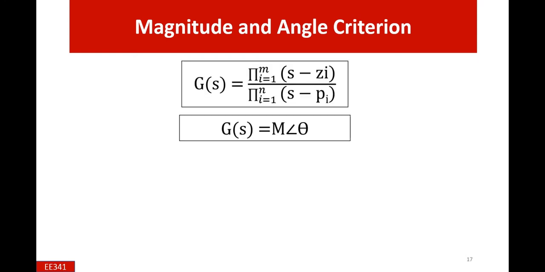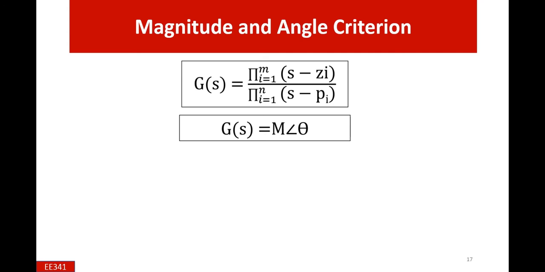And for this product form, if we find the value of the function, then it has some magnitude and phase angle. For example, we have something like (x plus j3) times (3 plus j9) and so on, divided by (2 plus j11) times and so on.